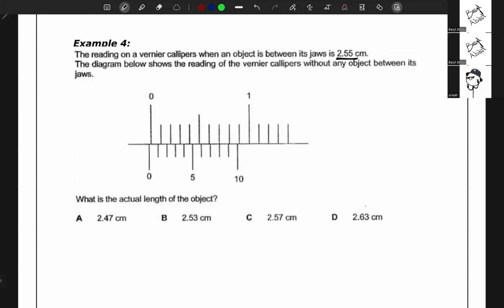So what we have to do is we have the length, apparent length. This is the length which is measured on the Vernier caliper. And we need to figure out the actual length of the object. So how do we do that? What do we see over here? We see that these zeros are not aligned with each other. So the first step is that the zeros of these two things must have been aligned.